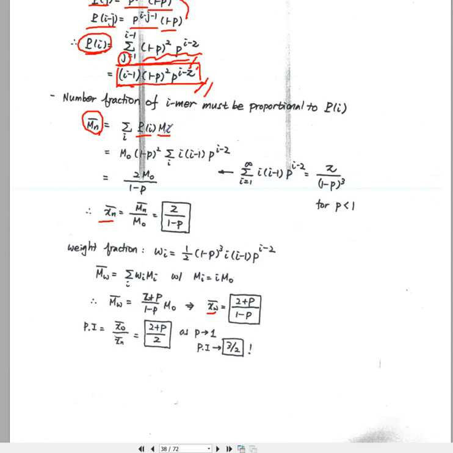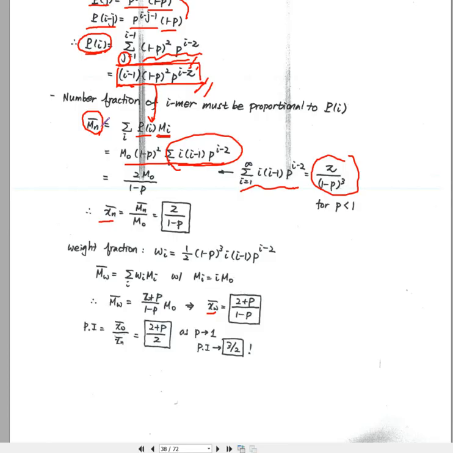Basically, M is M_i, and M_i is equal to i times M_0. This kind of calculation can be done by taking the derivative of the infinite series, remember? You can easily get these expressions, as shown here. So if you put these numbers in, we get the number average molecular weight.